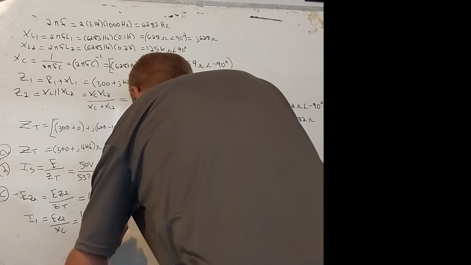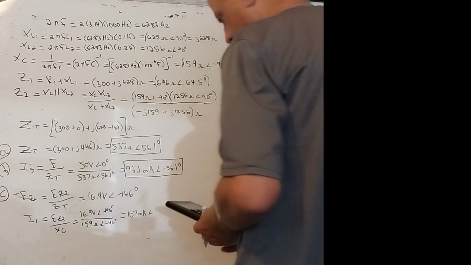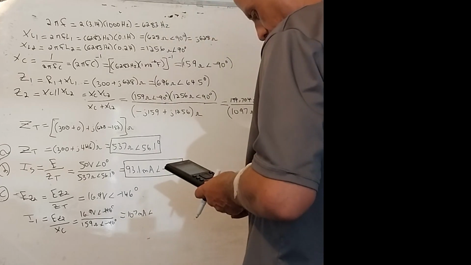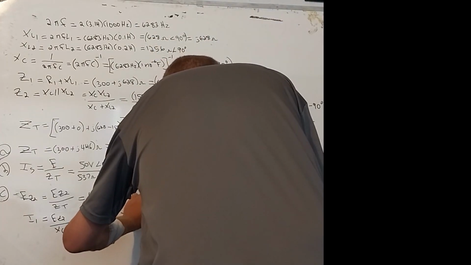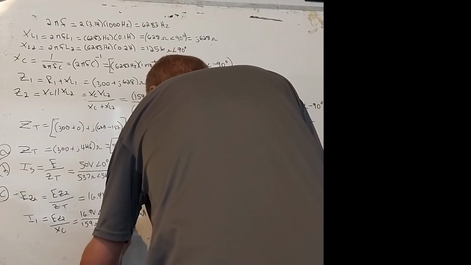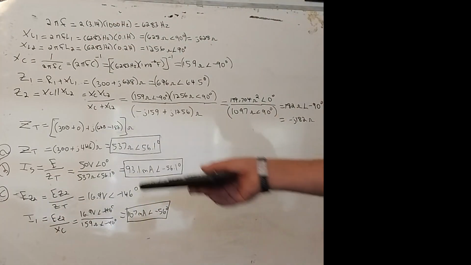A current of 107 milliamps at an angle of negative 146 plus 90, so we got negative 56 degrees. This is the answer for part C1.